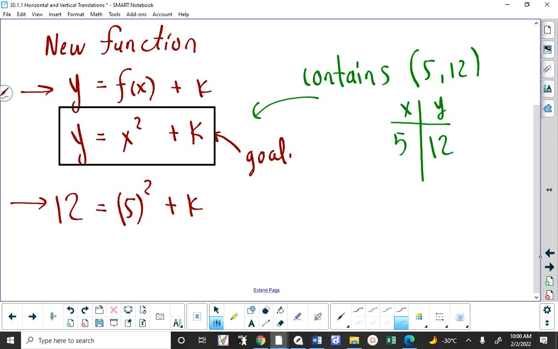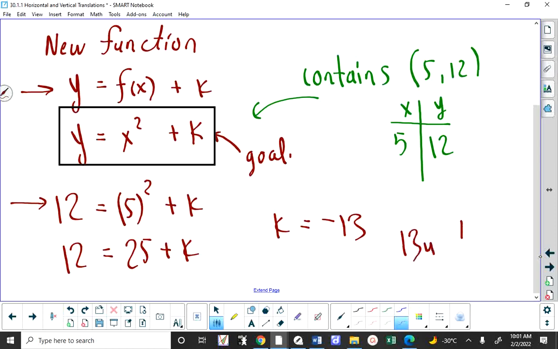If you have 12 equals 25 plus k, that's a pretty simple question. It's not something that you would have a lesson on in high school math or even grade 9 math. You should know that we can subtract 25 from both sides. So k will be equal to negative 13. The answer to the question is 13 units down.